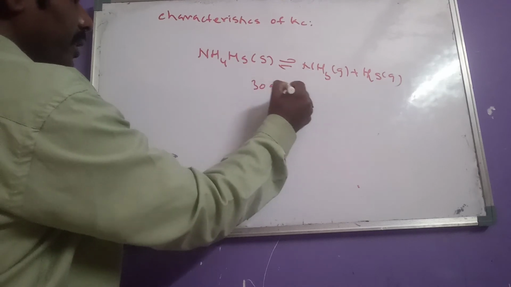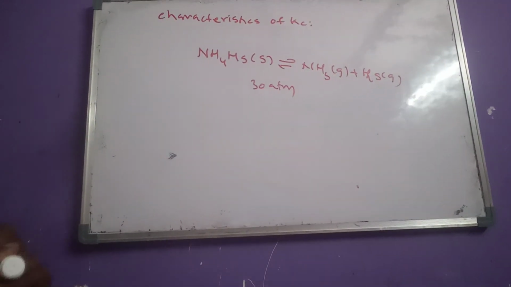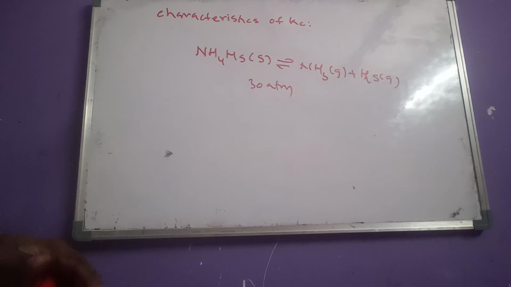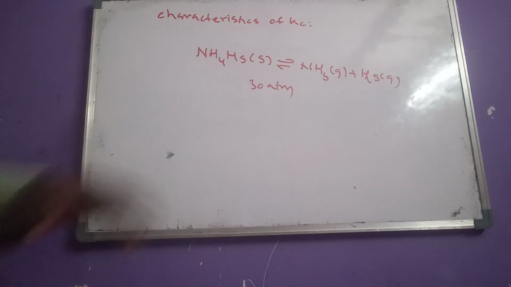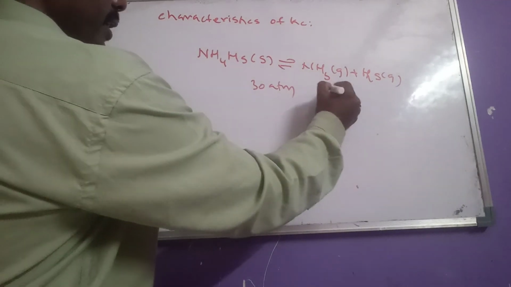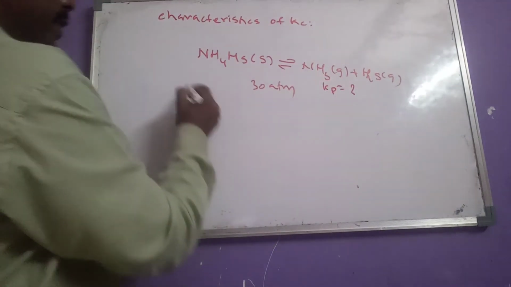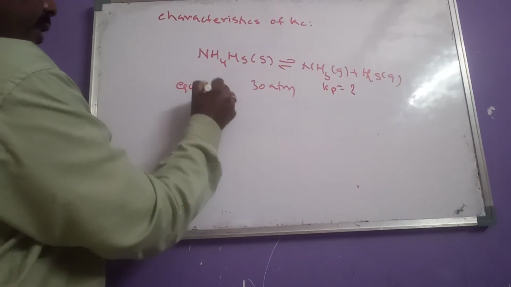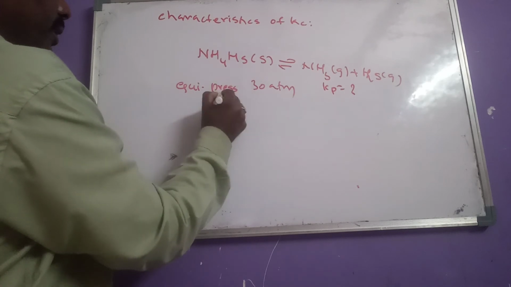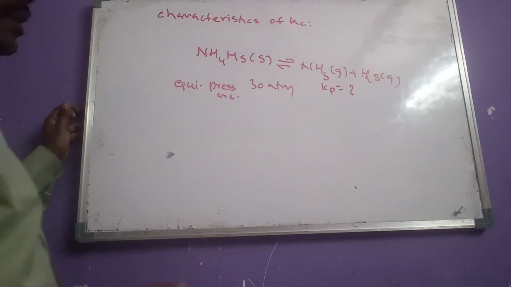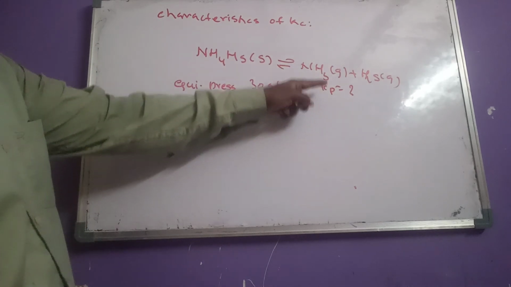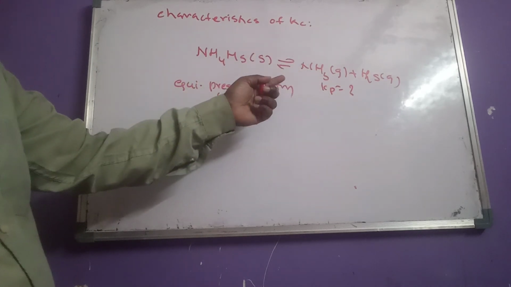Equilibrium pressure is 30 atmosphere. At equilibrium, pressure is 30 atmosphere. What is Kp value for this equation? This is the equilibrium pressure, given as 30 atmosphere.